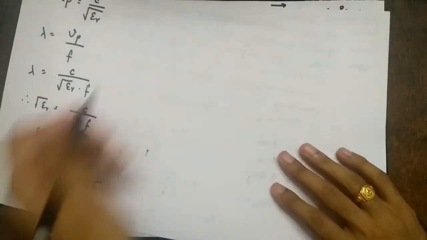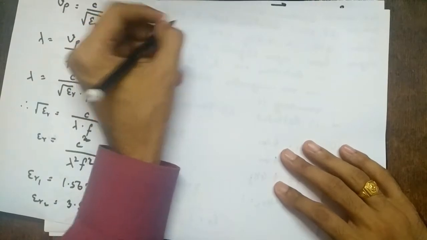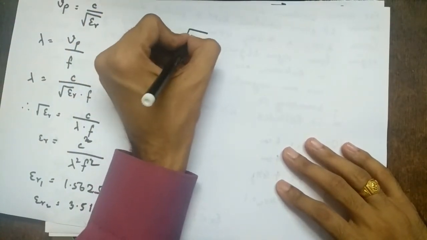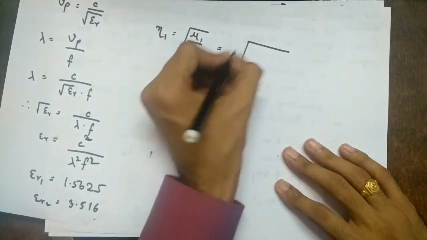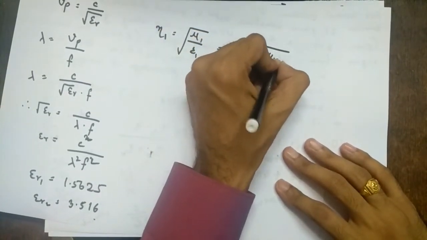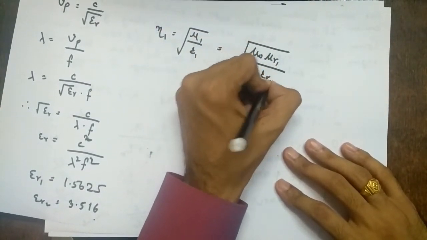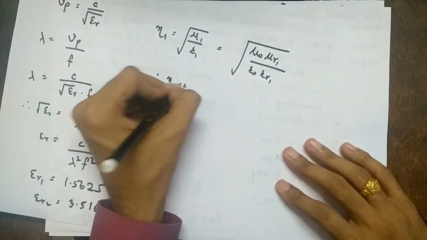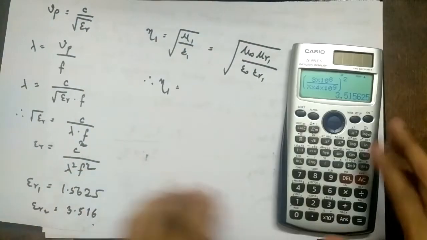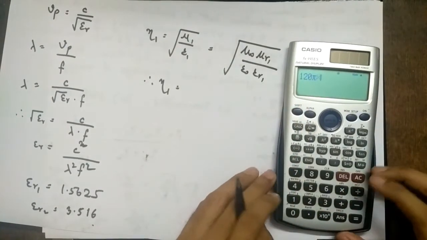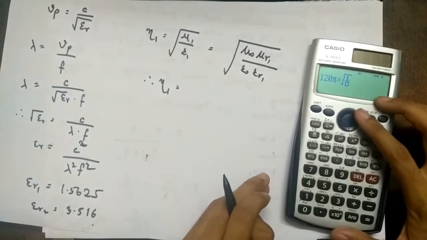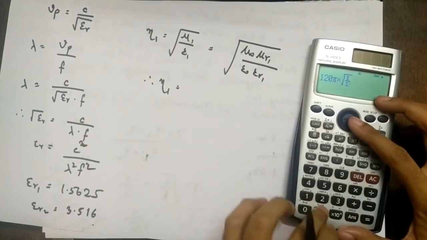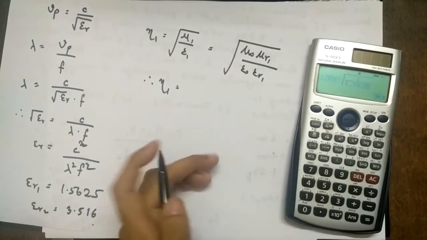Eta 1 is for medium 1. So eta 1 is root mu 1 by epsilon 1, so root mu 0 mu r1 upon epsilon 0 epsilon r1. Therefore eta 1 equals root mu 0 by epsilon 0, which is 120 pi, into root mu r1 by epsilon r1, where epsilon r1 is 1.5625.